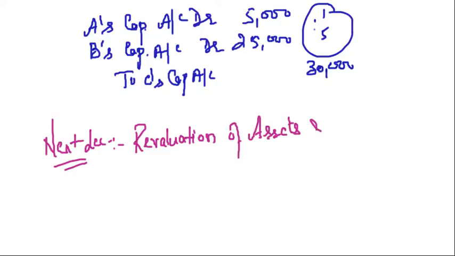A very simple topic; we have already done it in the last 2 chapters, that is change in profit sharing ratio and admission of a partner. So I will suggest that you must go through those lectures first, then this revaluation will be a very easy thing for you, right? So in the next lecture we'll start with this.